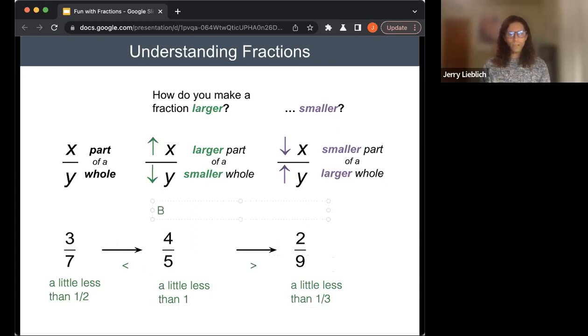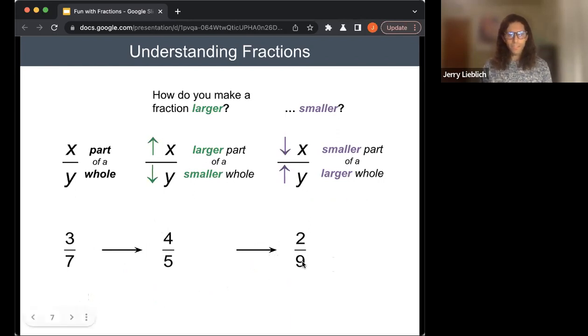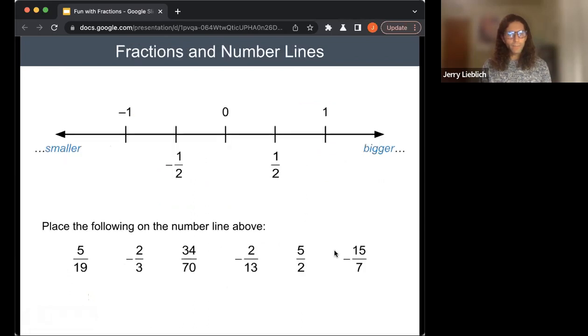And so this is called using benchmarks. Some common benchmarks to think about are 1, 1/2, 1/4, 1/3. And if you can relate things to those, you can at least get a sense of where things lie. So the first exercise I'd like us to do, just to warm us up, is I've got here a number line from -1 to 1, and a bunch of fractions.